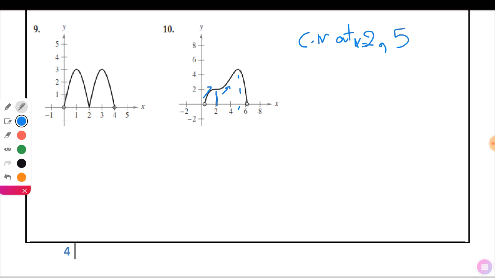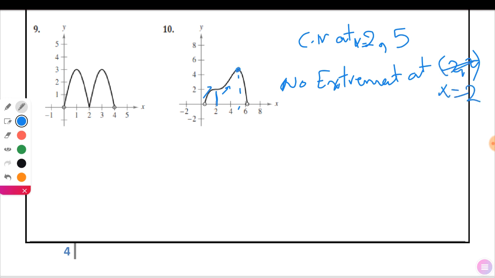Since the behavior of the function does not change from increase to decrease or decrease to increase, it is none of these, so there are no extrema at the critical number 2. Okay?